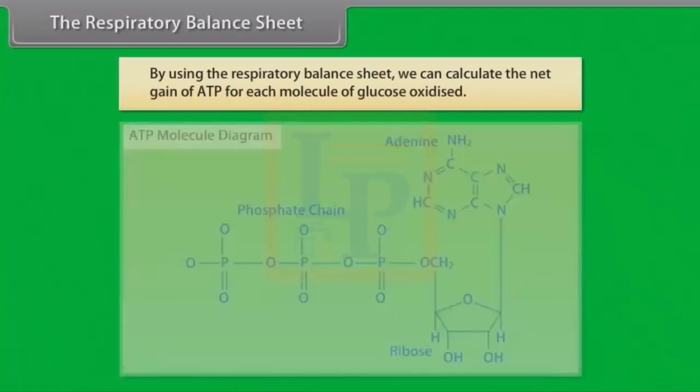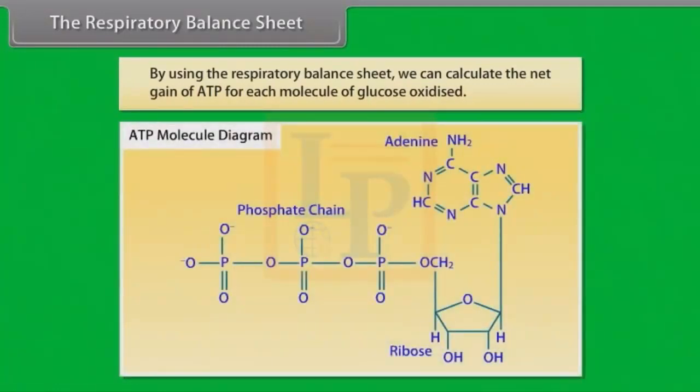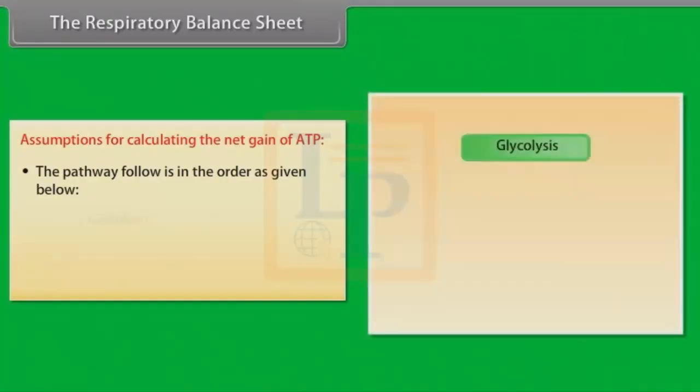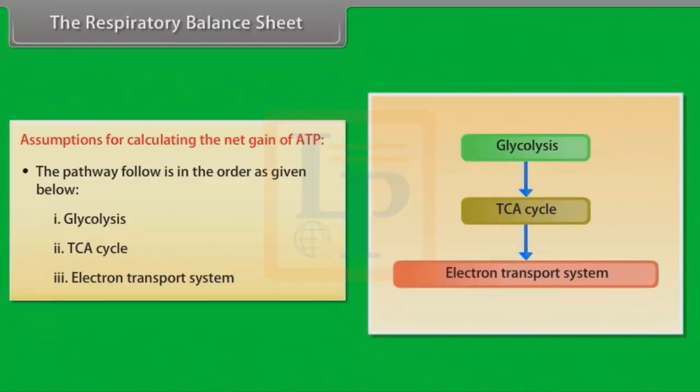The respiratory balance sheet. By using the respiratory balance sheet, we can calculate the net gain of ATP for each molecule of glucose oxidized. Assumptions for calculating the net gain of ATP: the pathway followed is in the order glycolysis, TCA cycle, and electron transport system.